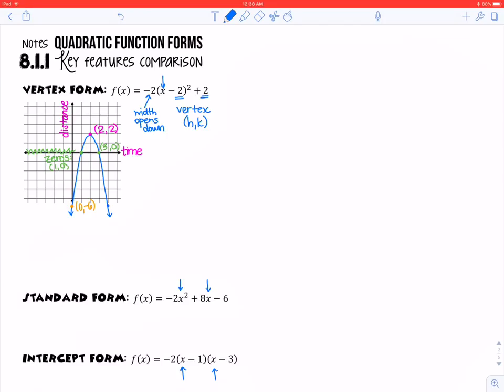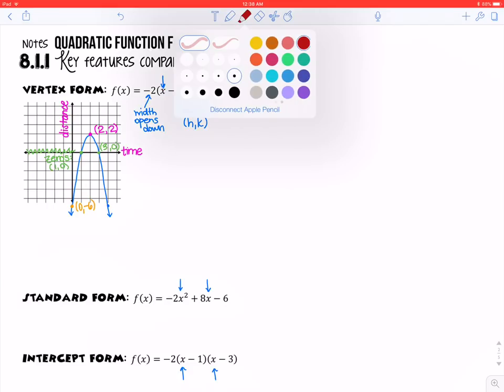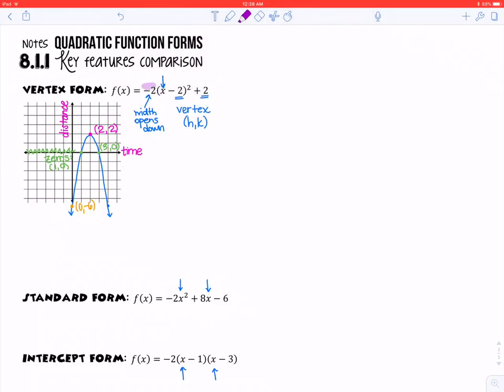Now what I'm curious about is what we were picking up on from our Desmos lab is that this a in vertex form is -2. We see that a again in standard form, and we see it still in intercept form.